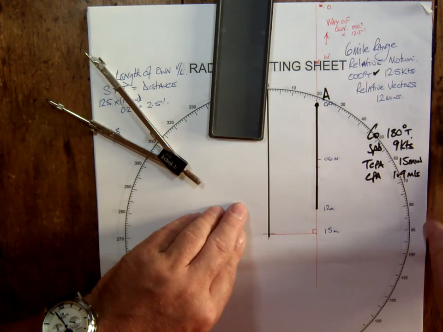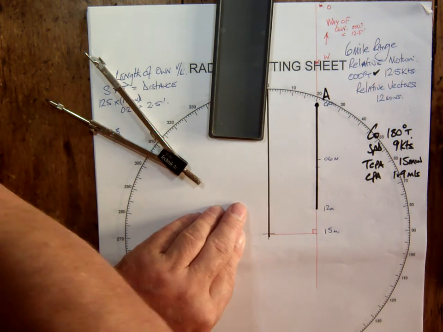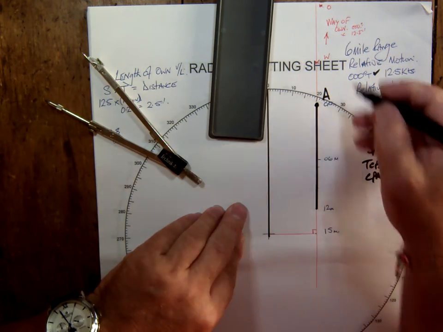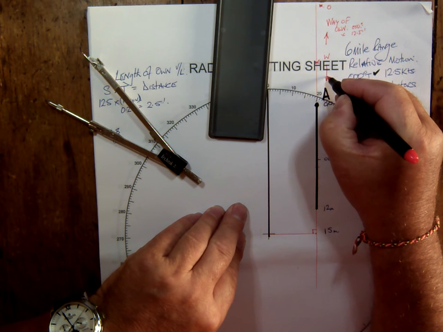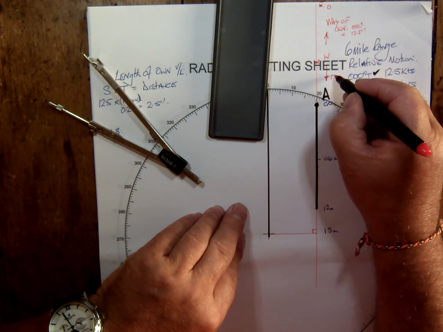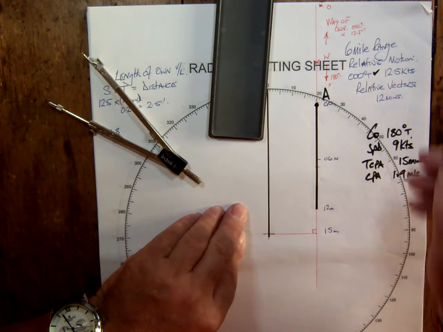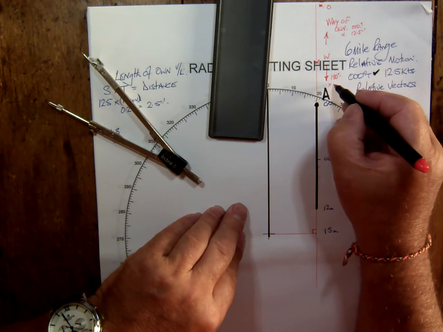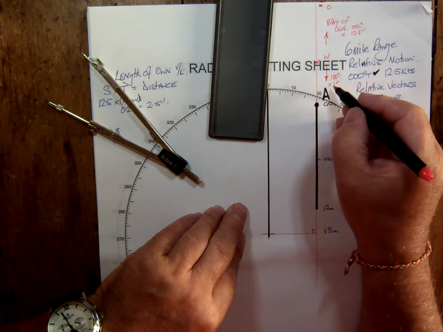So WA would be 180, and the time, we just looked at that, would be 1.9. So that would be 9 knots.